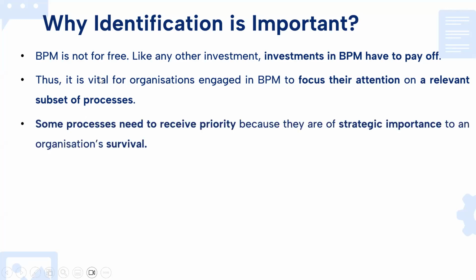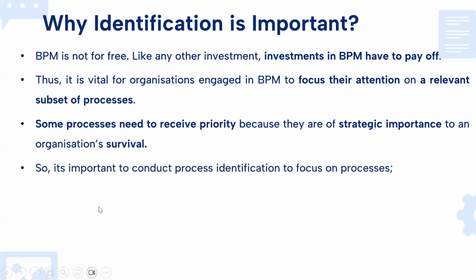Okay, so when we identify the subset of processes, some of these processes have strategic importance for the organization. For example, if we consider a manufacturing organization, their main subset of processes would be manufacturing operations. If it is garment manufacturing, the garment manufacturing process would be the most vital process that has a strategic importance, and it has an influence on the organization's survival as well.